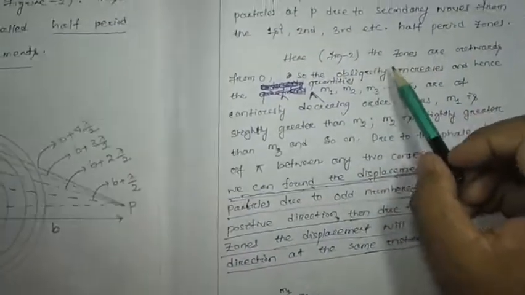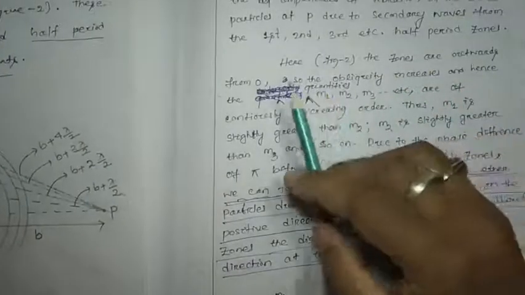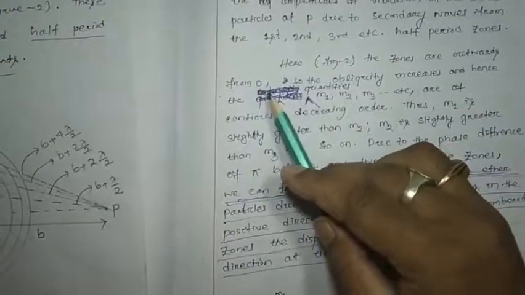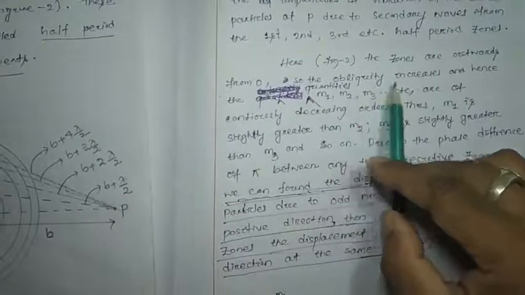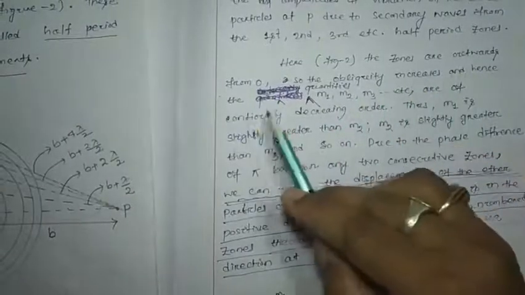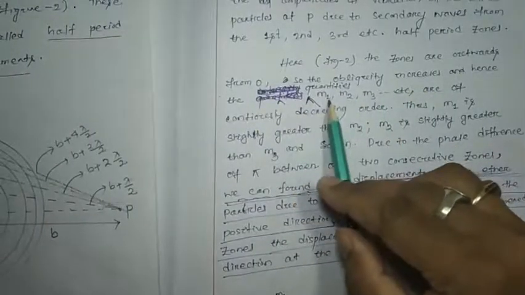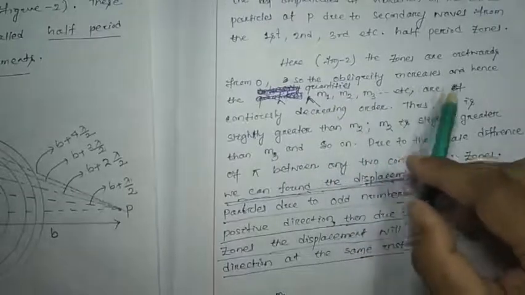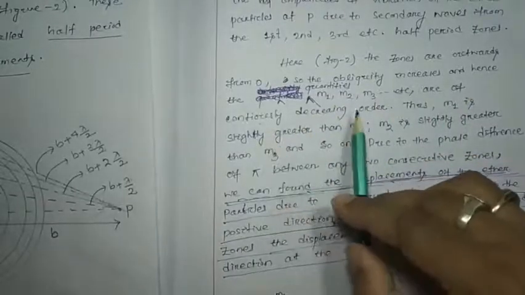Half period zones. Here in figure 2, the zones go outward from O, so obliquity increases and hence the quantities M1, M2, M3 etc. are of continuously decreasing order.